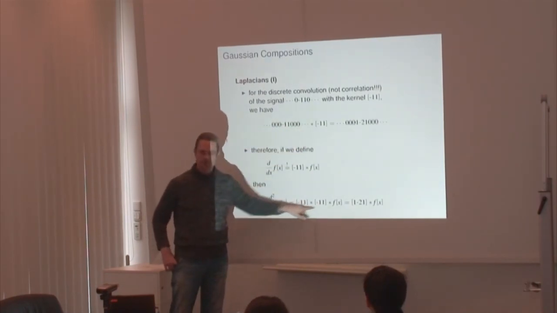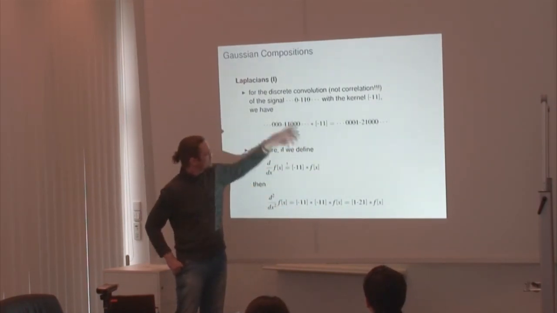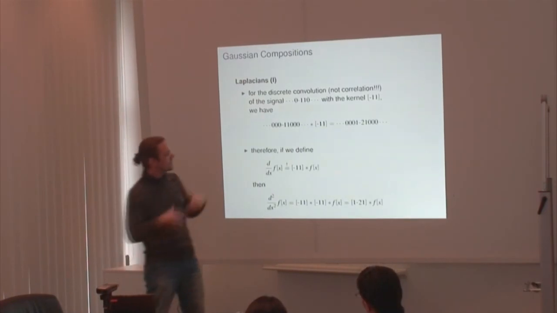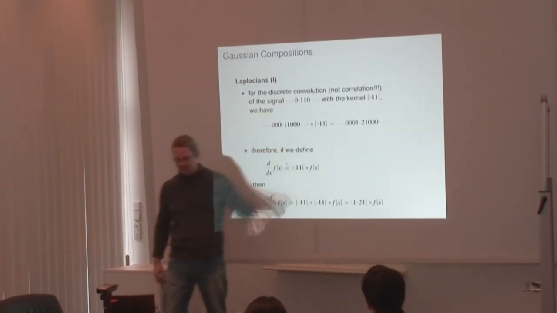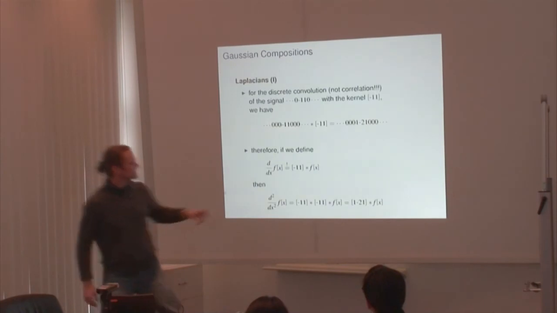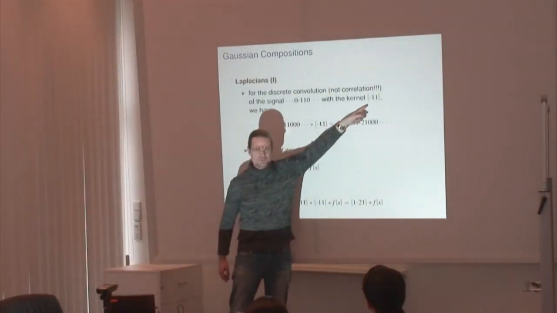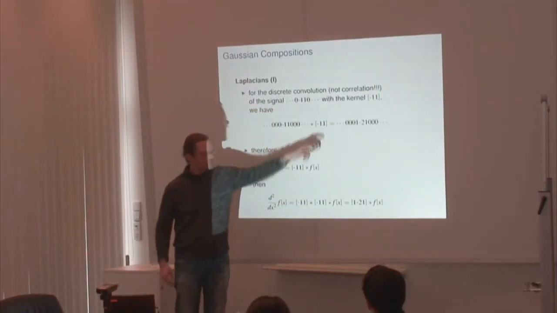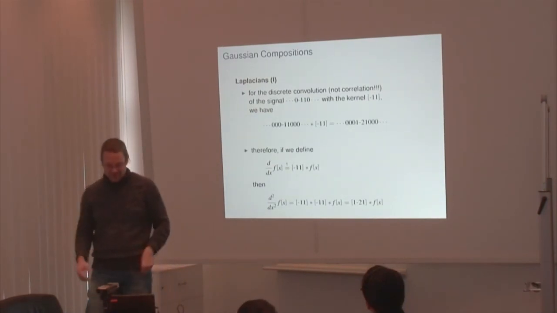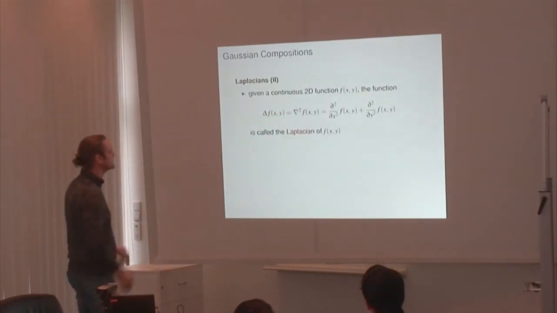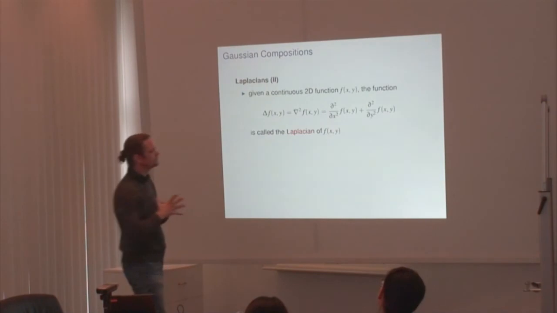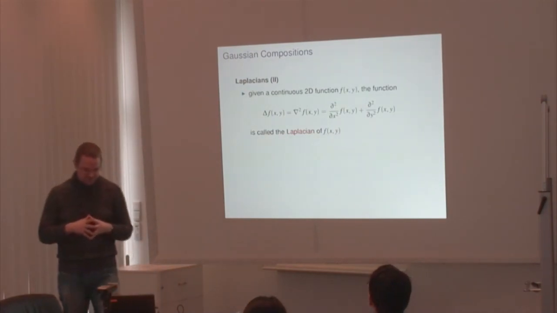So I actually was ahead of myself. This is already the second derivative. But so convolution with this thing is derivative. If we do it twice, we get this, which is the second derivative.